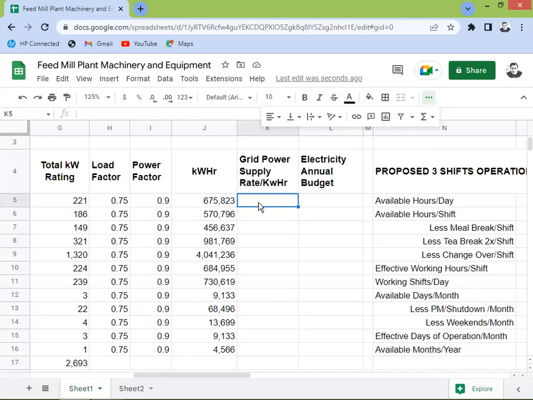How much is the rate? I just assume that it would be 10. In the Philippines, it would be 10 pesos, 9 pesos, 10 pesos, sometimes it goes to 11. I'm not too sure if the household consumption rate is the same as the company consumption rate.